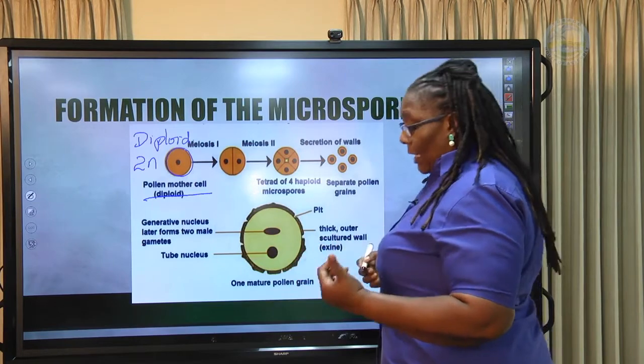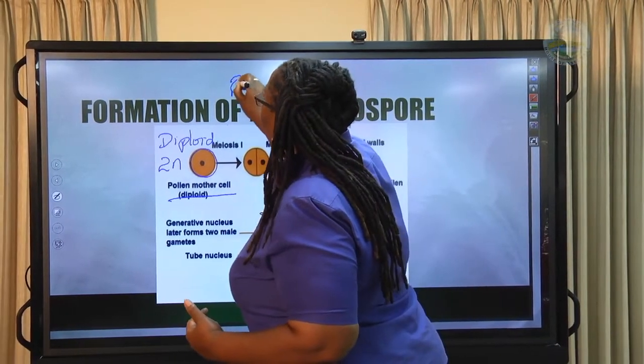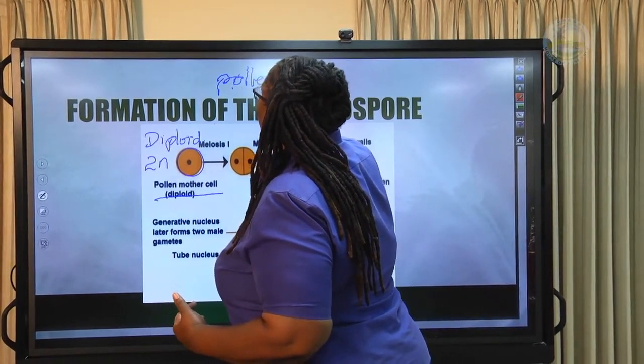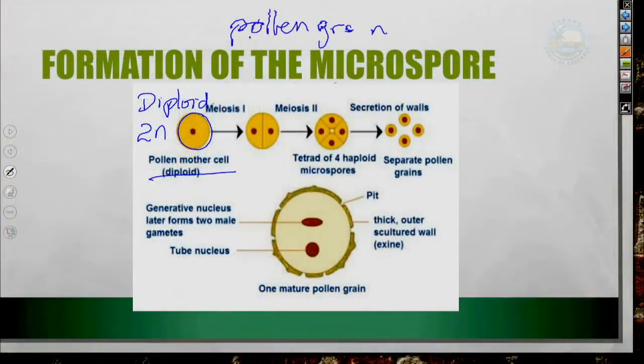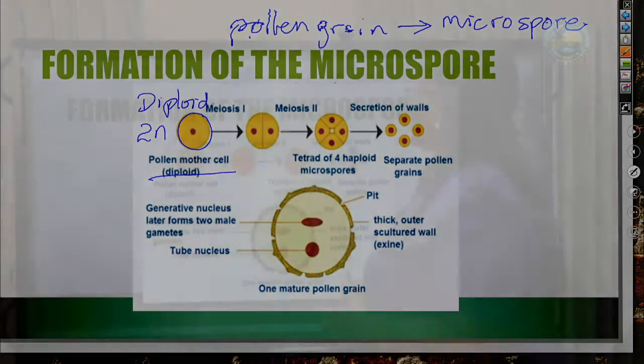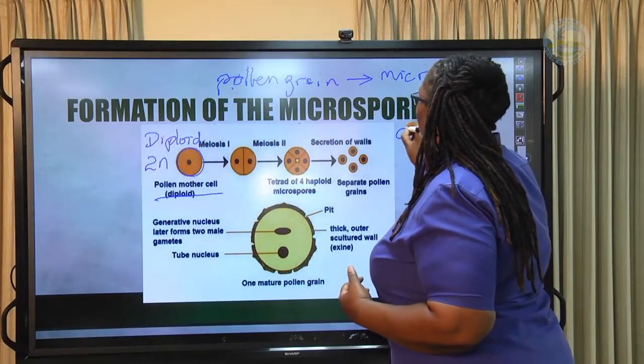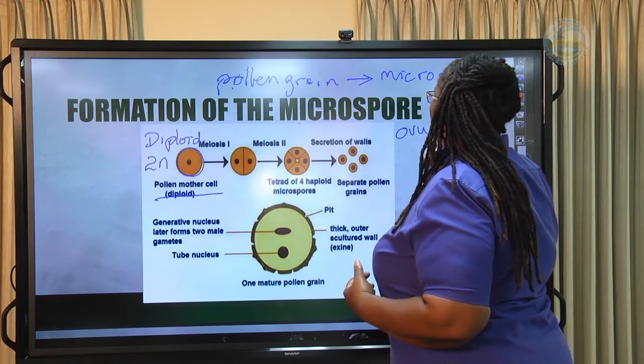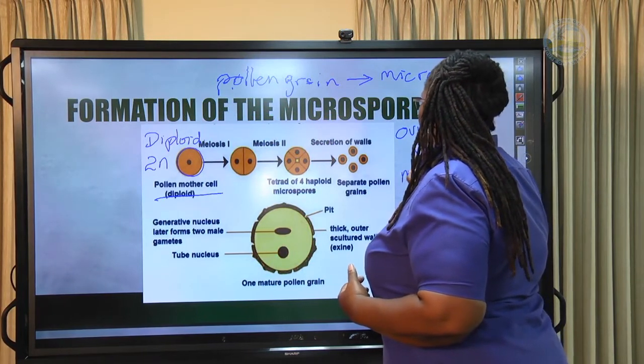Remember, the pollen grain is known as the microspore, M-I-C-R-O spore, and the ovule is known as the megaspore.